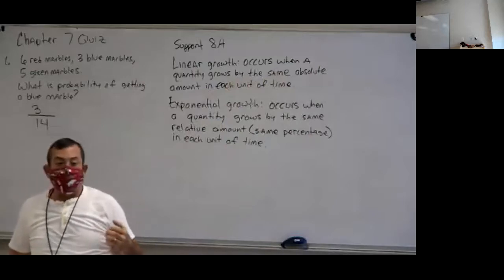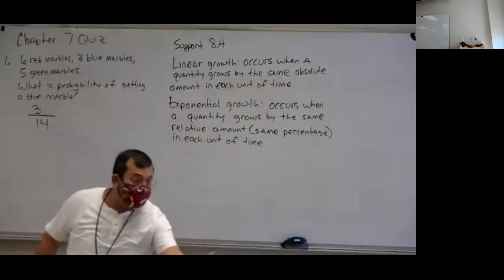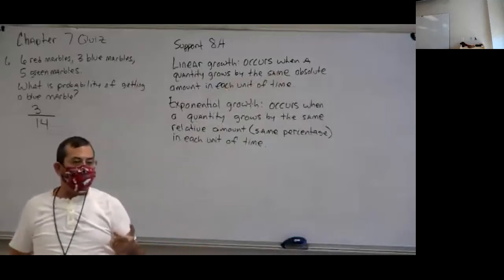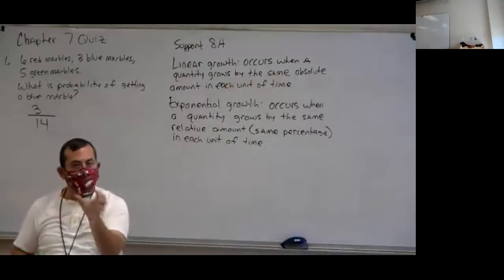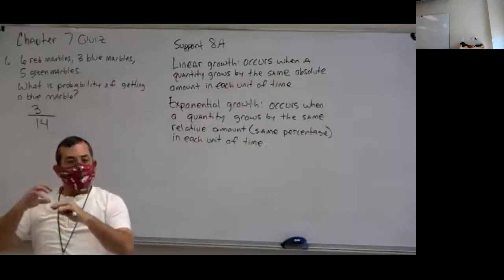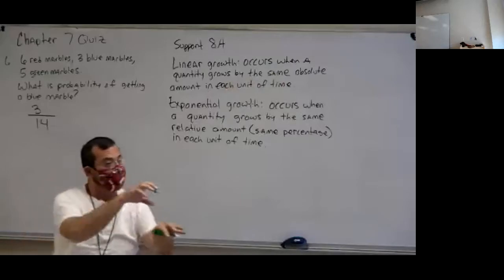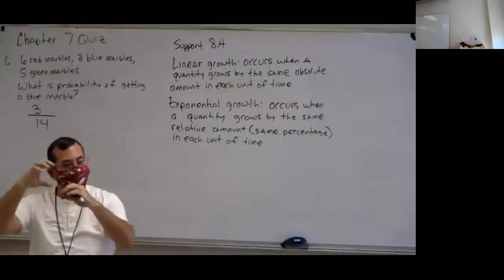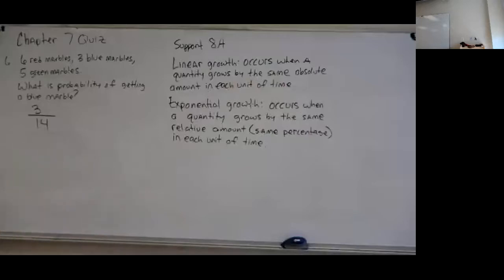So if I started with 500 and I increased by 10%, that means I'm not going up $10, I'm going up $50 out of the 500, which will put me at 550. The next year, I'm going to go up 10% of 550 instead of 10% of the 500. So each year, you're getting more, those amounts are going to increase every year over time, okay? So you're not going up by the same amount, you're going up by the same percentage.